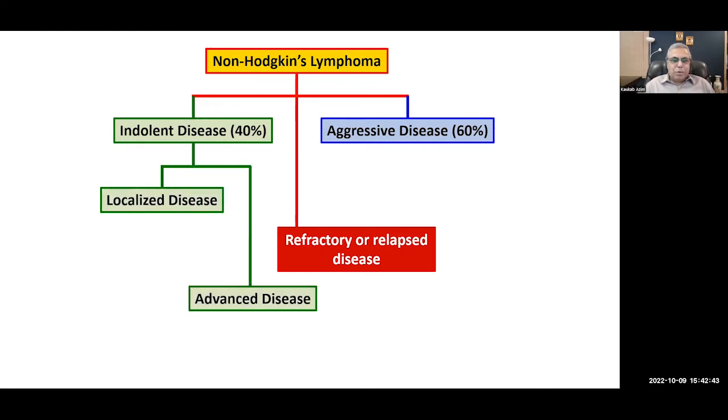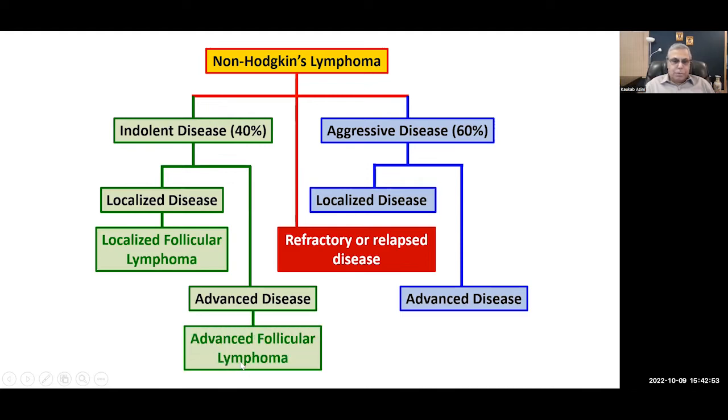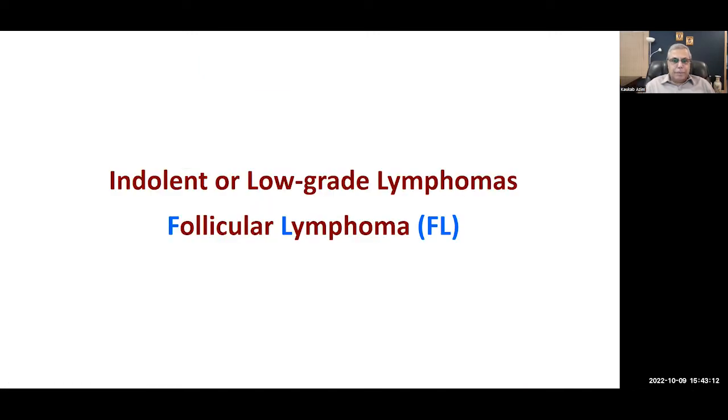So indolent, localized, or advanced, they are both follicular lymphomas. In aggressive also, we have got localized or advanced. So here it is follicular lymphomas, both local and advanced. And in advanced aggressive disease, we have got a specific type of lymphoma, which is known as diffuse large B-cell lymphoma. Okay. Again, we will go into details when we go to treatment.